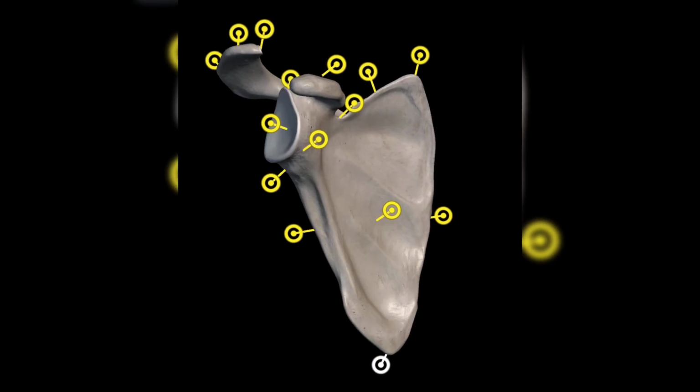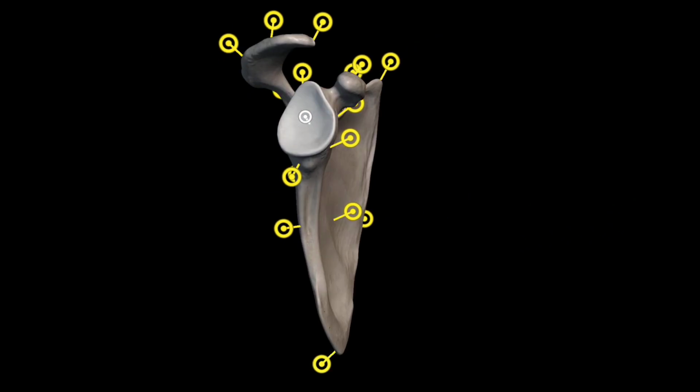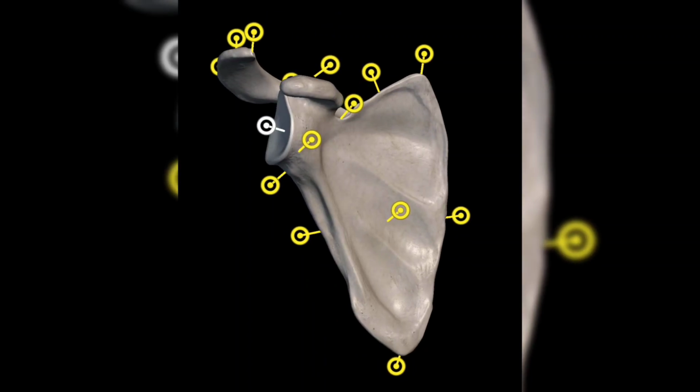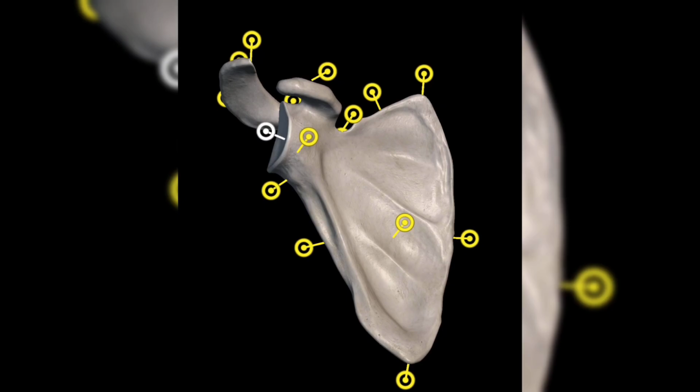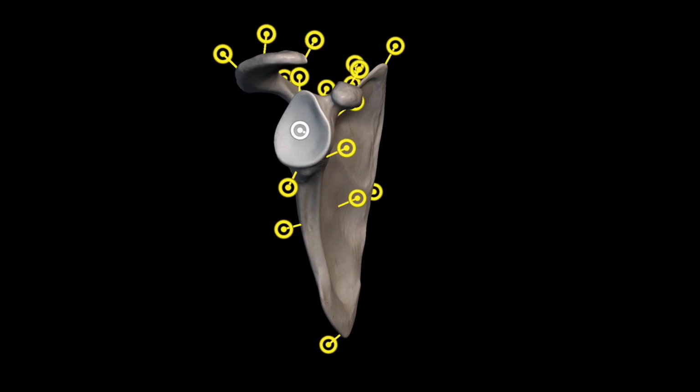The lateral or glenoid angle is broad and bears the glenoid cavity or fossa, which is directed forwards and laterally and slightly upwards. A supraglenoid tubercle is present above the glenoid cavity.